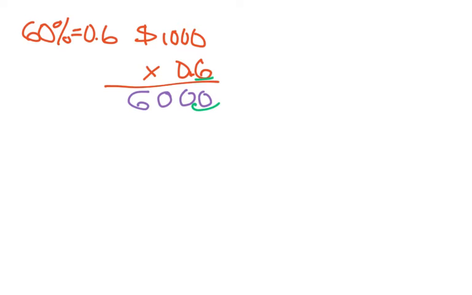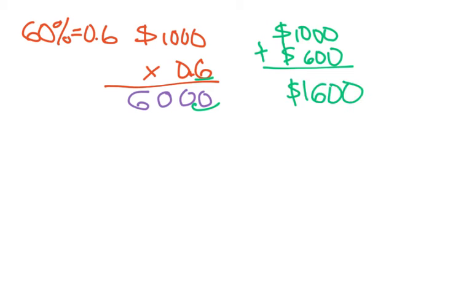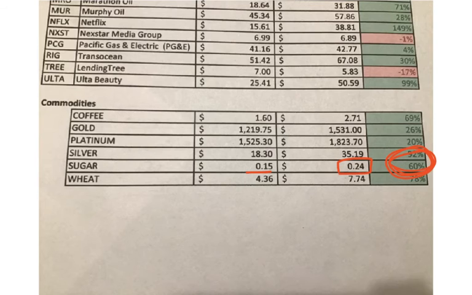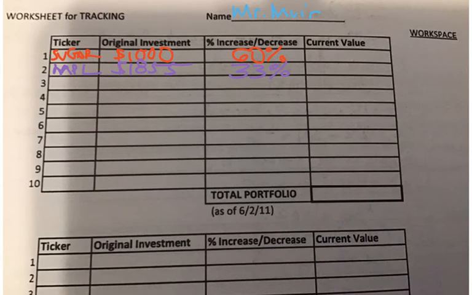Because it's two-part shopping, I then have to take that $600 and add it to my $1,000, and I end up with $1,600. And so my sugar that I bought just a year ago when I was a toddler with a middle school brain has now increased significantly.